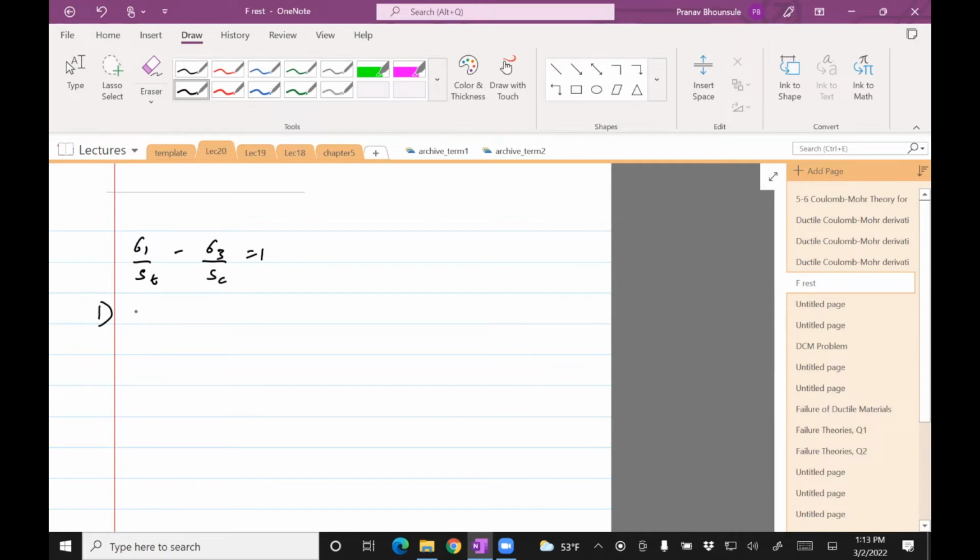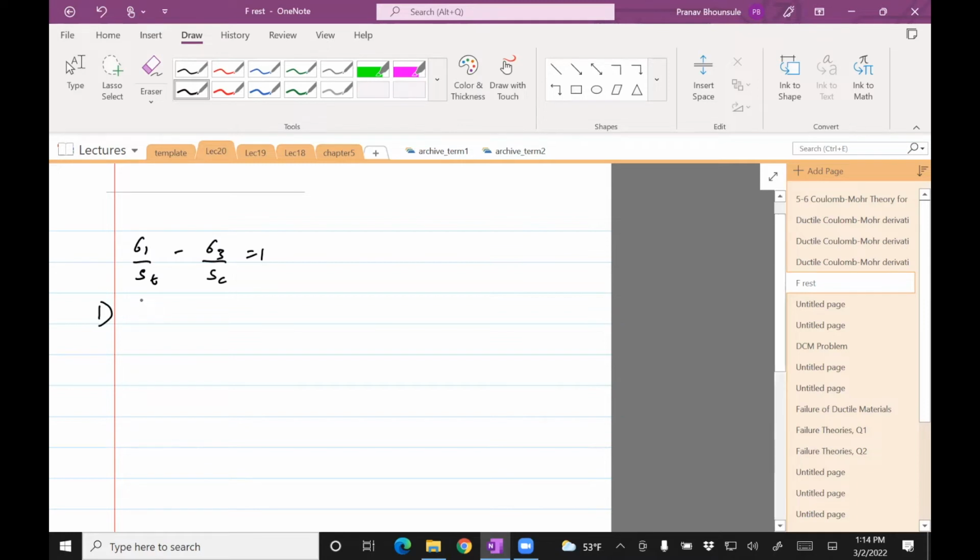The way we get this is once we have the element and we have sigma x, sigma y, tau xy, you can find sigma A and sigma B. Sigma C is obviously 0, it's plane stress. And then based on the magnitudes of sigma A and sigma B, you can make a call on what sigma 1 and sigma 3 are going to be. So we pretty much get a few cases there.